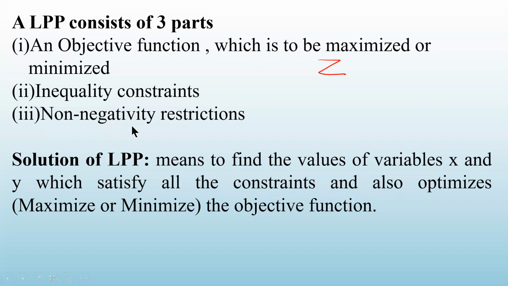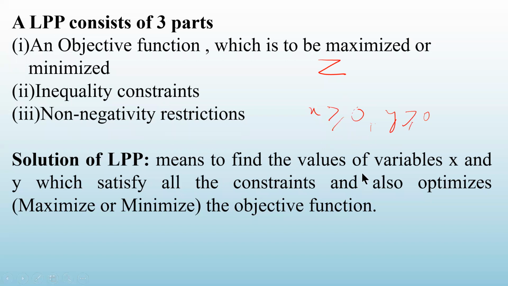All these variables, x, y, have to be greater than or equal to 0. They cannot be negative. So x greater than or equal to 0 means it can be positive or at the most 0, but x cannot be negative. Similarly, y can be positive or 0, but cannot be negative. That is why these restrictions are called non-negativity restrictions or non-negative restrictions.